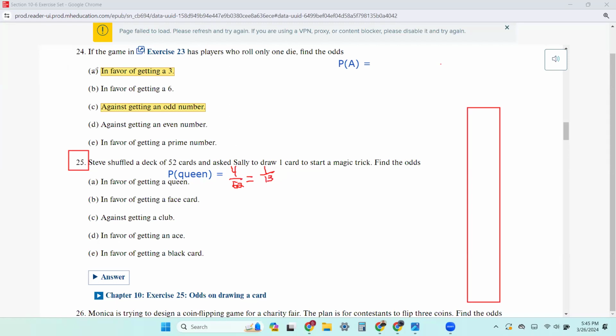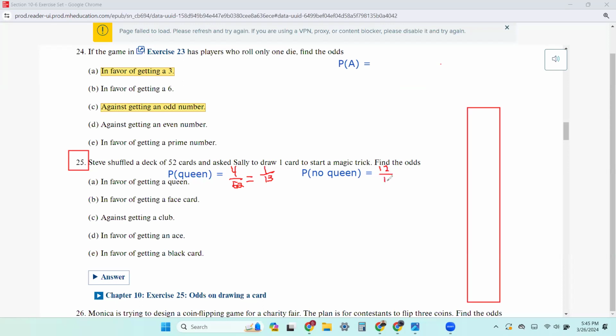So what's the probability of no queen? It's the complement, or you can use my easy way. 1 from 13 gives us 12.